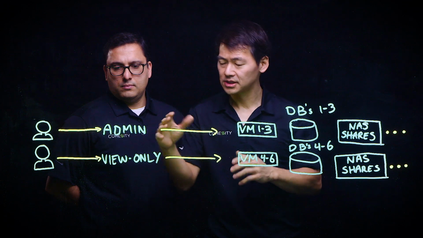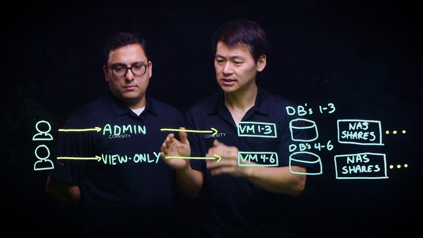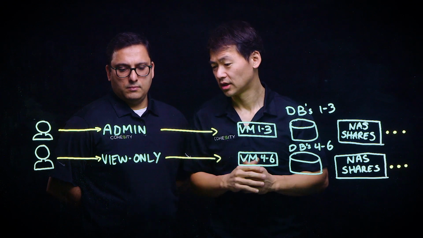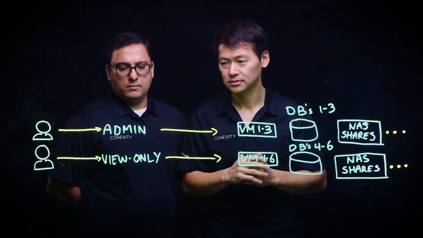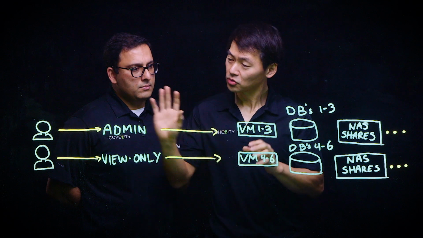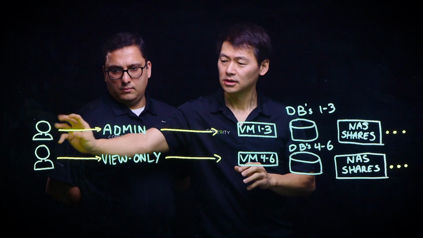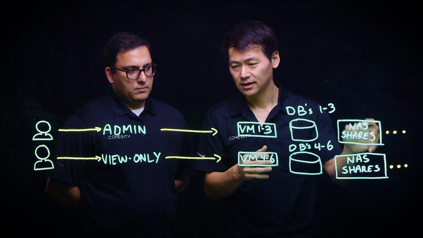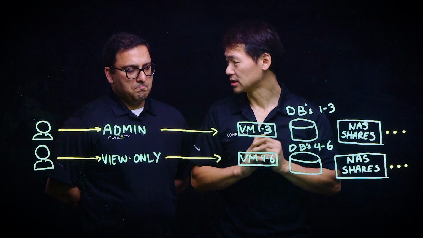And a role captures the actions or privileges available to a user, for example, an admin or a read-only viewer kind of role. And then you create a user, assign a role, and assign a set of data access boundaries.